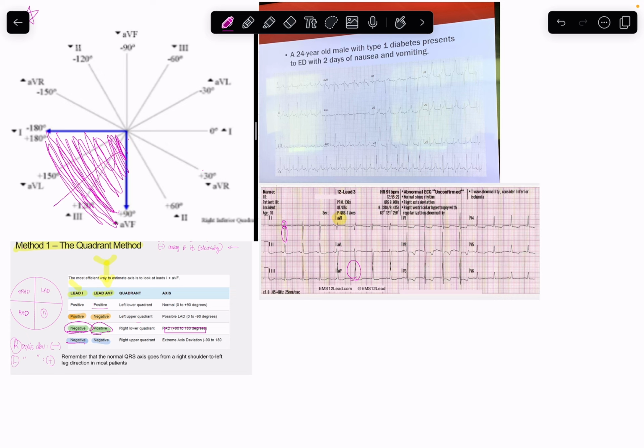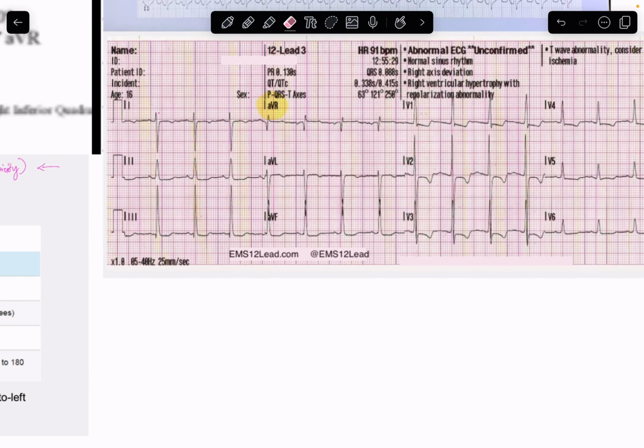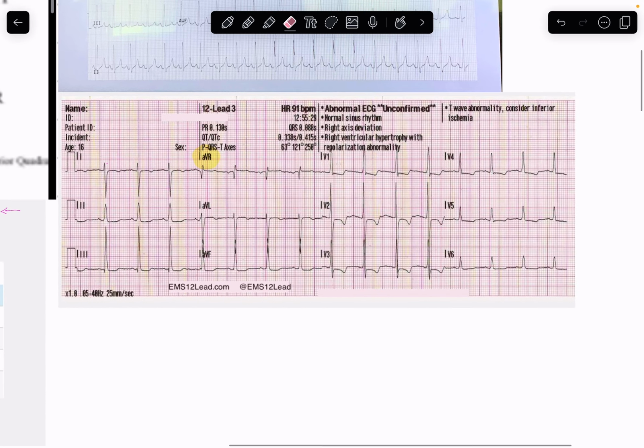The way for us to know that is by looking first at the isoelectric line. On our 12 lead, you need to compare what is closer to the isoelectric line, which is the flat line. The closest to the flat line is AVR.